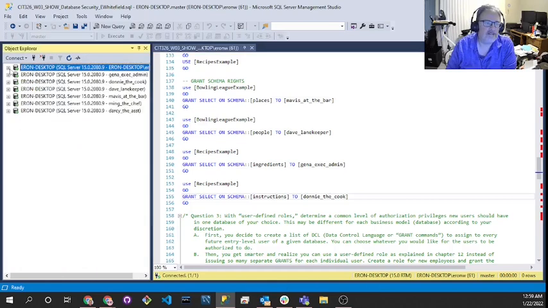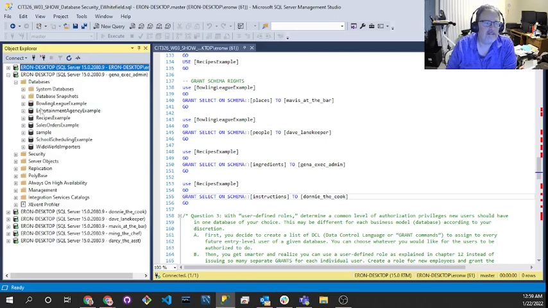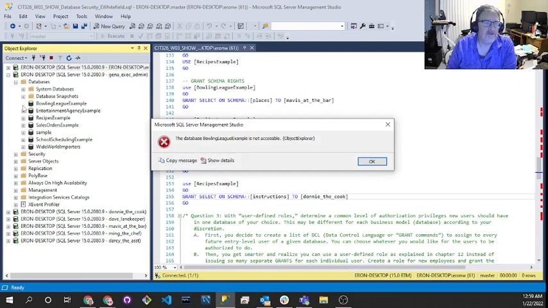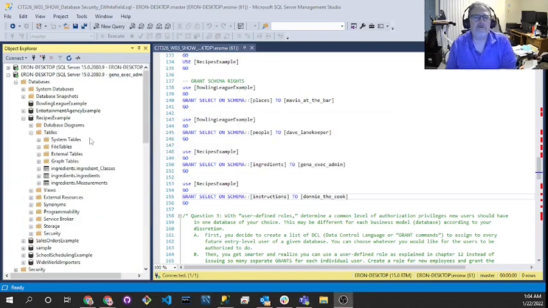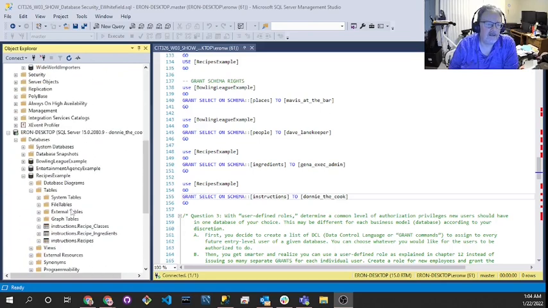Now that can be best seen by logging into each of their accounts, looking at the databases that they have access to. You can see that, for instance, Gina doesn't have access to the bowling database. But what we were talking about was I've limited Gina to the ingredients lists. And then if you look at, for instance, Donnie, he again has access to the recipes, but has only access to the instructions schema tables.